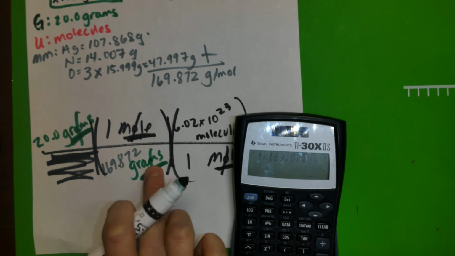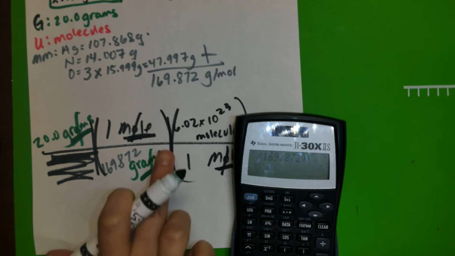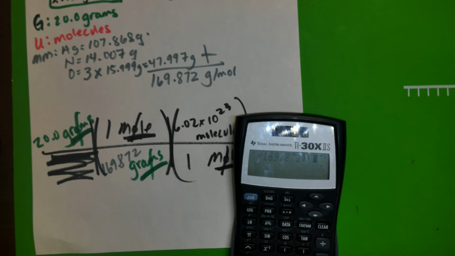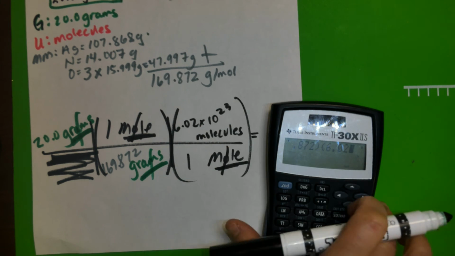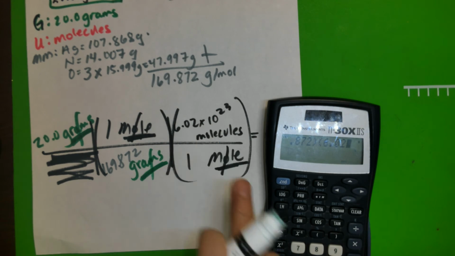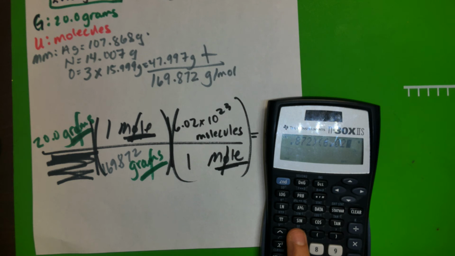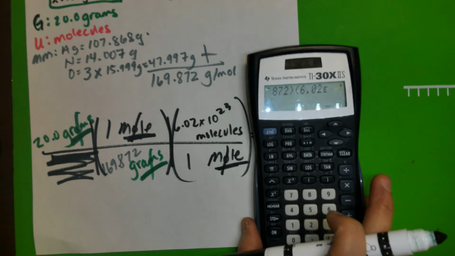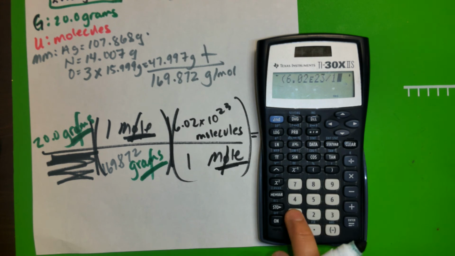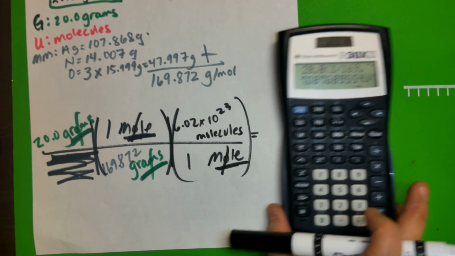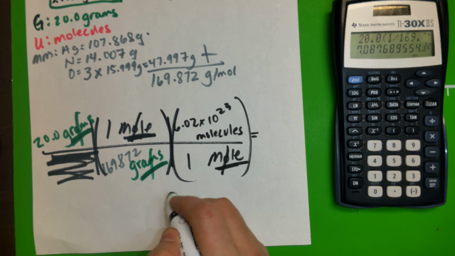You close it up, and then you open, and then it's 6.02. Now remember how to do exponents. Instead of times 10, you press second, and then the EE in blue, E, and then 23, and then divided by 1, you close it, you enter it.